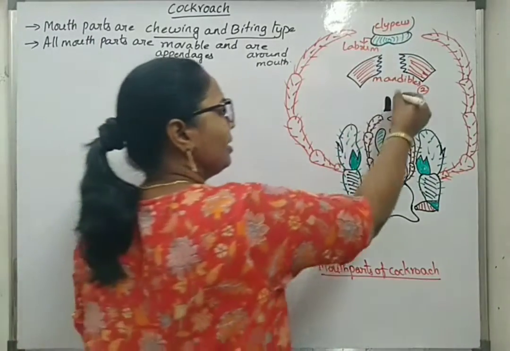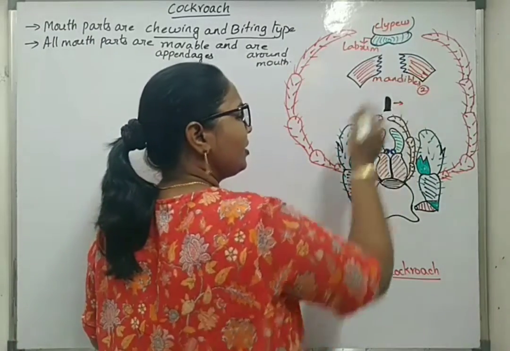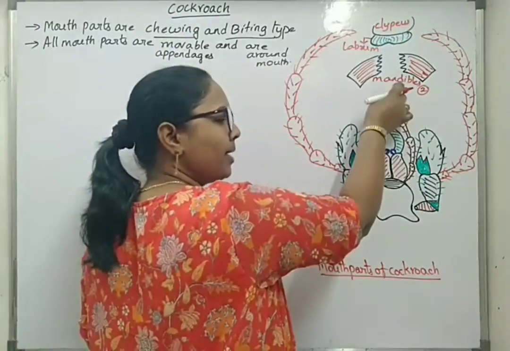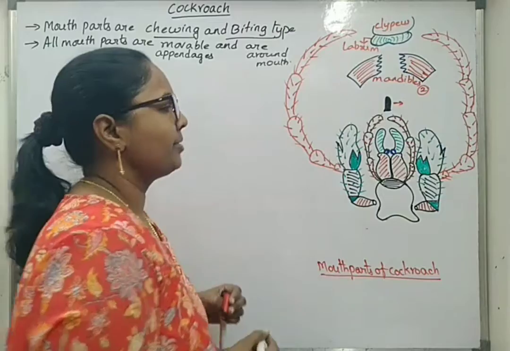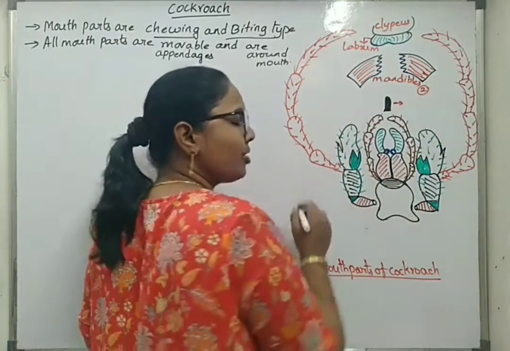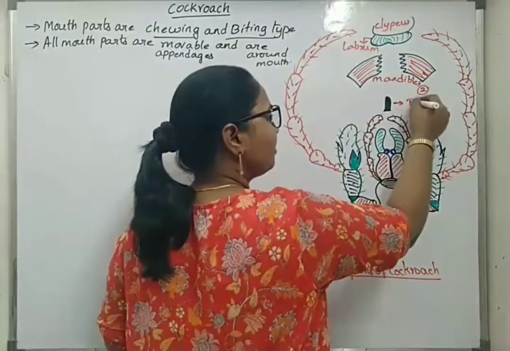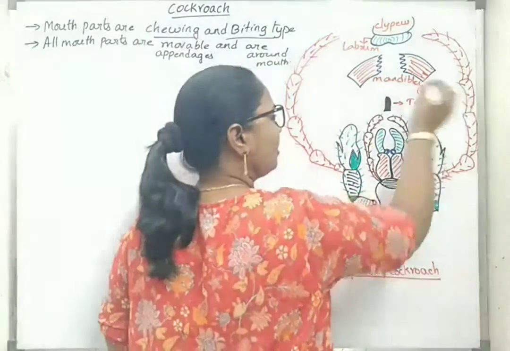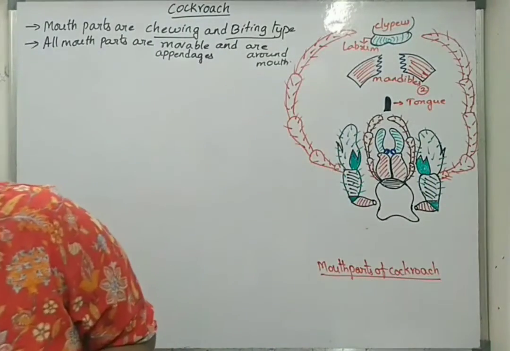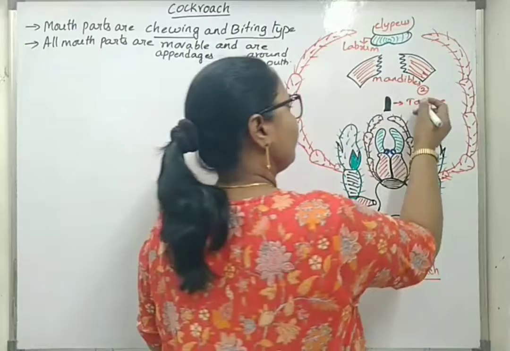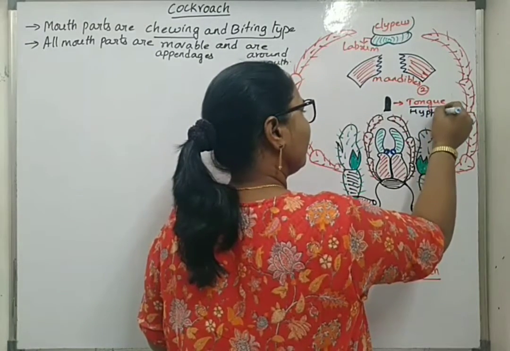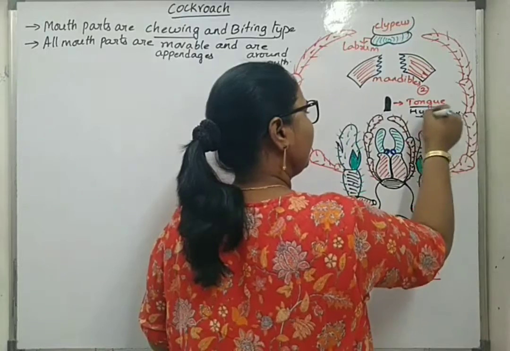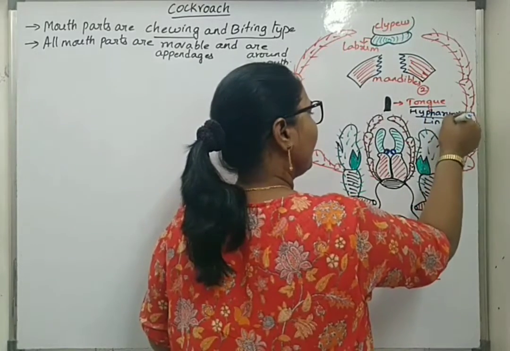And the structure which is near to mandibles, but in the middle part, is nothing but tongue or hypopharynx. It is also called lingua.